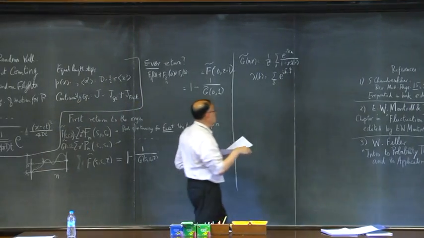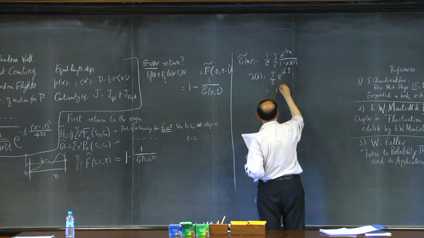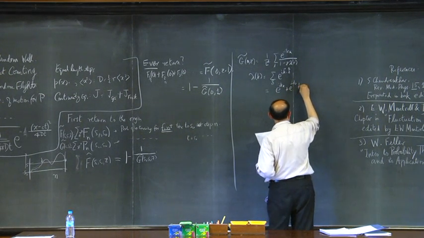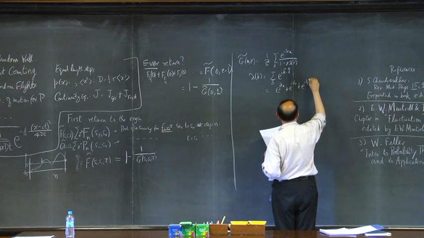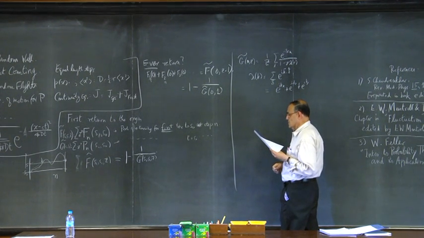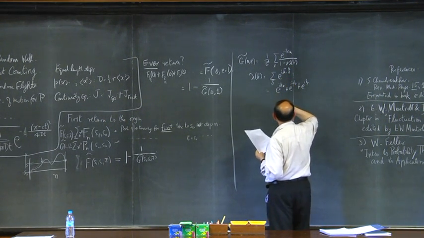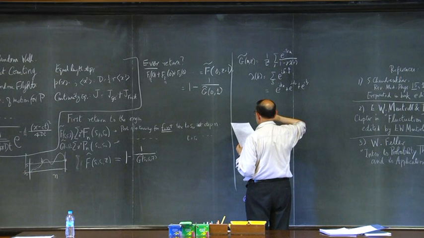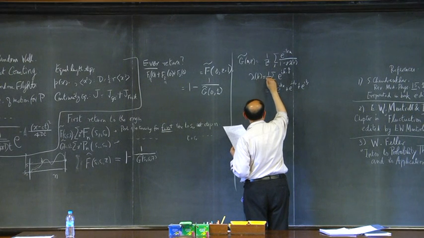So for instance, this is e to the i k x plus e to the minus i k x plus e to the i k y plus e to the minus i k y, etc., etc. And there should be some normalization. It's this divided by 2 times the dimension.